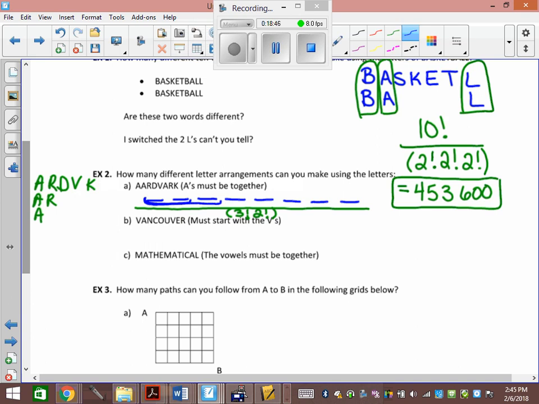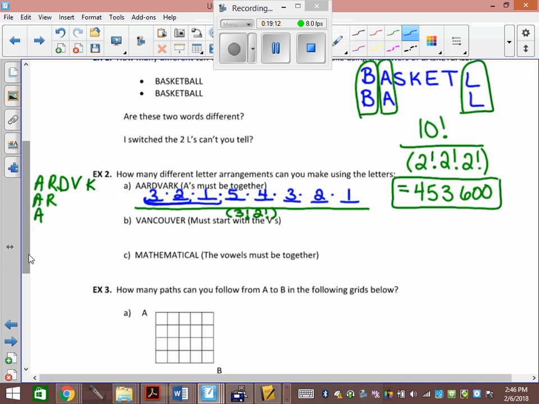So we're treating the A's as if they're different, correct? So how many A's do I have for the first blank? 3. How many for the second? 2. Then? How many letters left? 5, 4, 3, 2, 1. Is that everything? What do I have to remember to do? Move it 6 times, right?